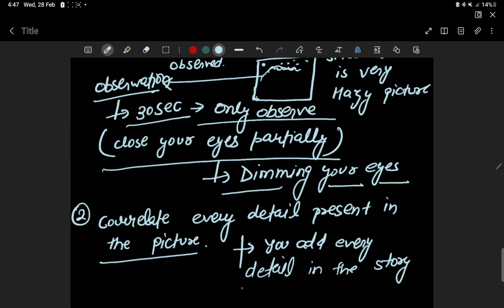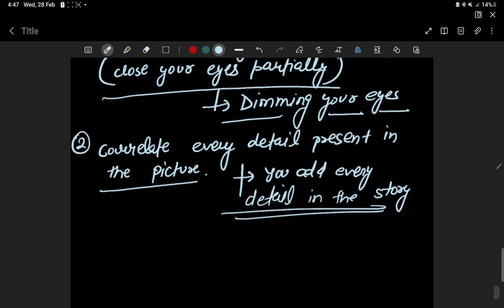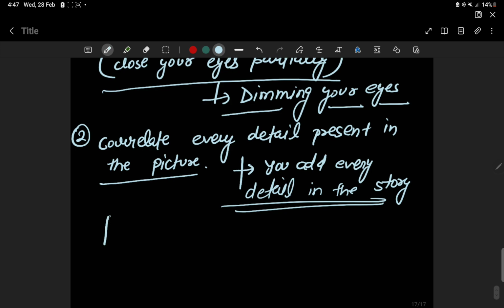Adding the detail means, suppose in the picture there is a very common scene: a boy is playing with a tank, there is a picture of a defense person, maybe people say it is his father's portrait, and one lady is standing in the background.